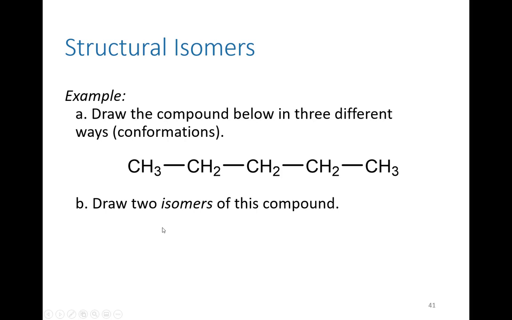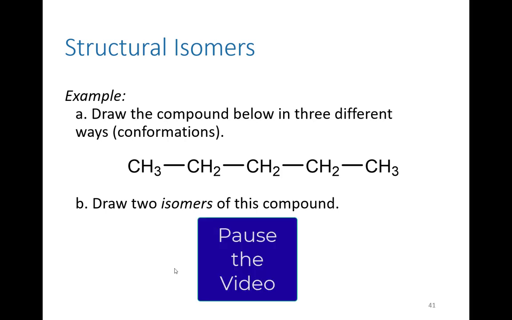There are only 2 other isomers of this compound, so I need you to carefully practice drawing new connections, breaking these bonds to come up with 2 isomers of the compound. This might take a while, so I'd like you to pause the video and we will go over potential solutions for this when you come back.